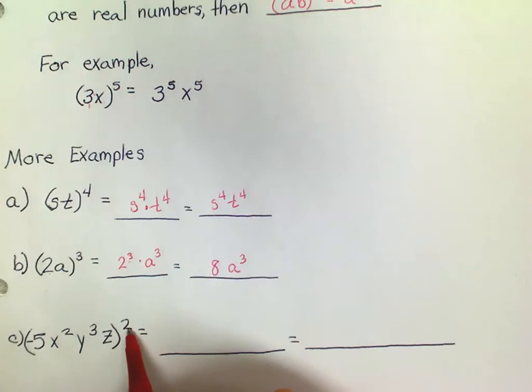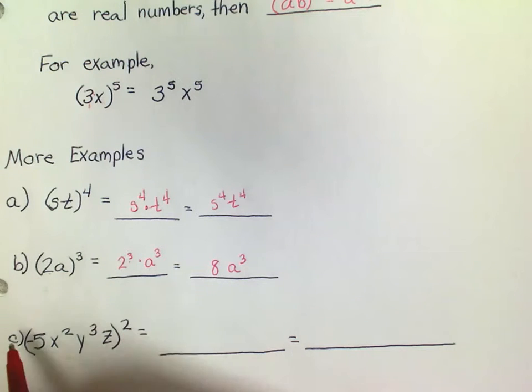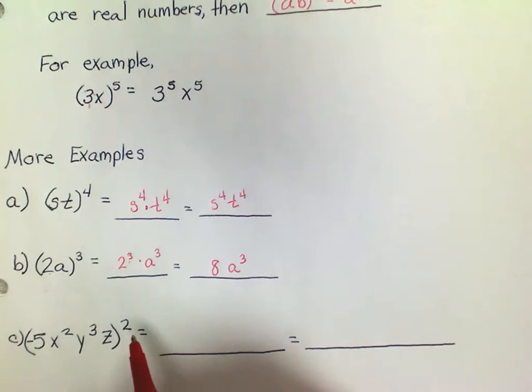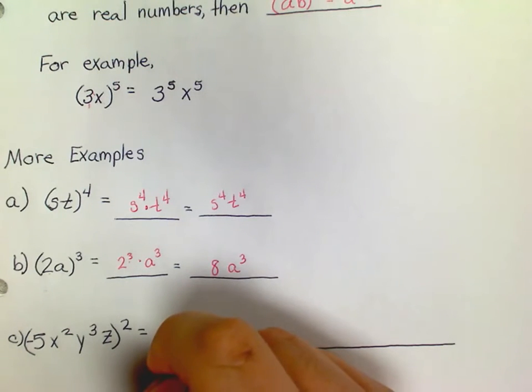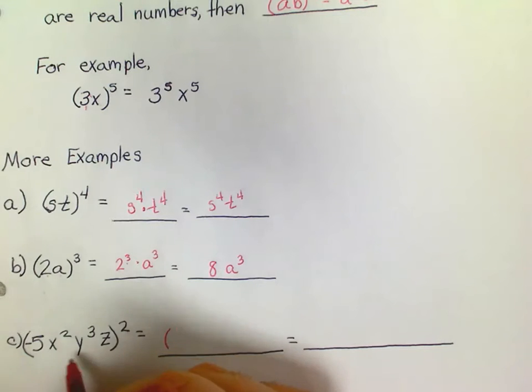Okay, so now let's bring the squared term across everything inside the parentheses. So we'll just say every term inside having the exponent of 2.